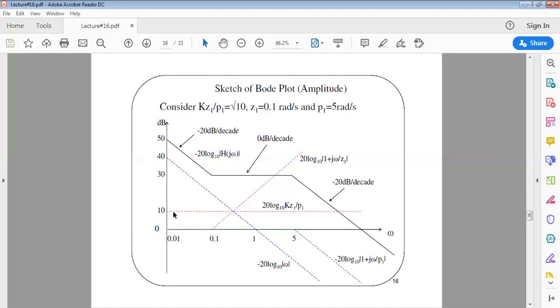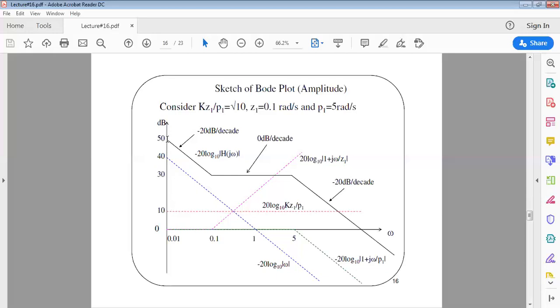The effect of this constant is that it will increase the amplitude, so it looks like amplitude shifting. We are shifting the amplitude of this slope to 50. That's why we are going to start the slope at 50 dB, because of the effect of this 10 dB increment.